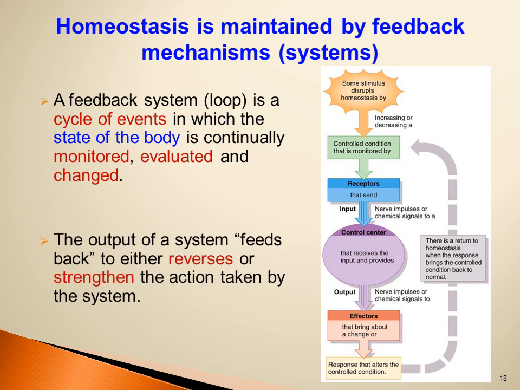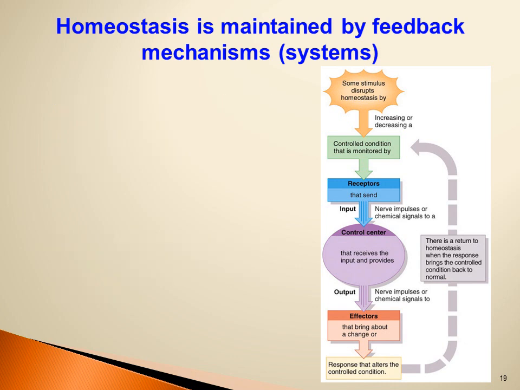The output of a feedback system feeds back to either reverse or strengthen the action taken by the system. So we have either a response opposite to the stimulus, or a response that strengthens the stimulus. And this will give us the two types of feedback systems that I will explain in the coming lectures.